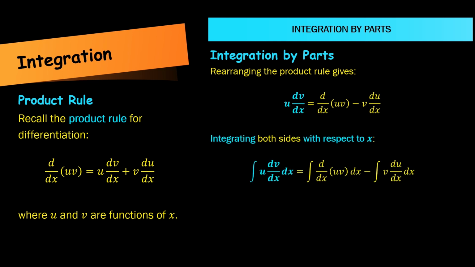If we now integrate both sides of this equation with respect to x, we have the integral of u dv/dx dx equals the integral of d/dx of uv dx minus the integral of v du/dx dx.